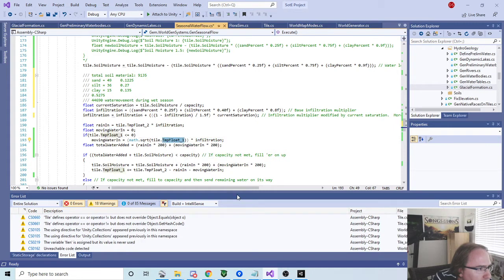No, we can calculate this relatively easily. So infiltration is going to be multiplied into both rain in and total water added. Alright, so let's say we have 44,000 water moving through that tile. Square root of 44,000 is 209.